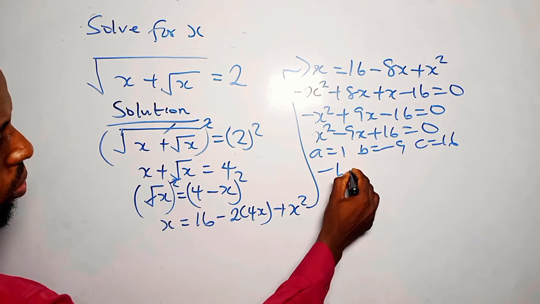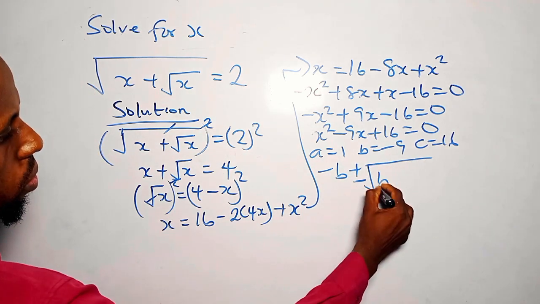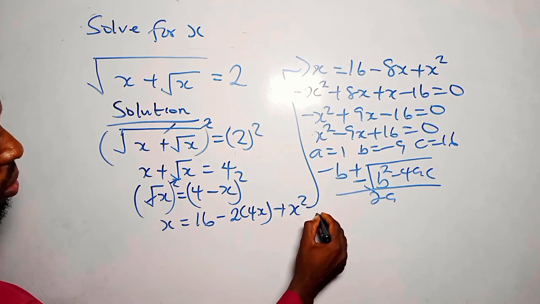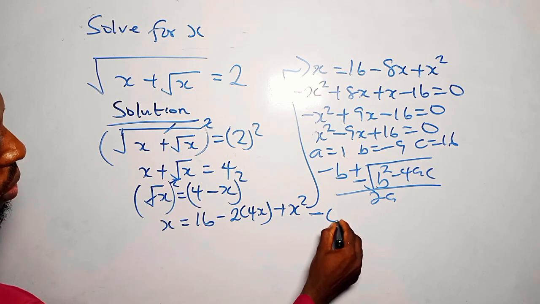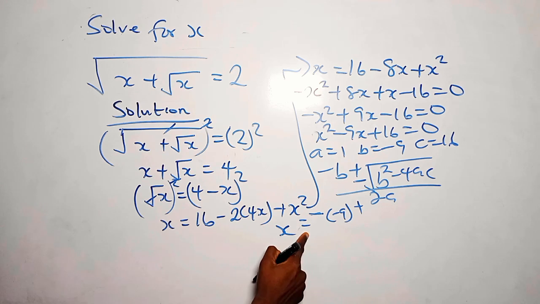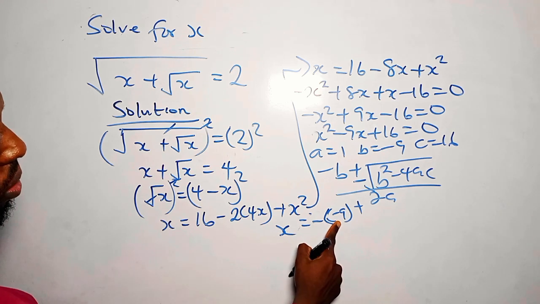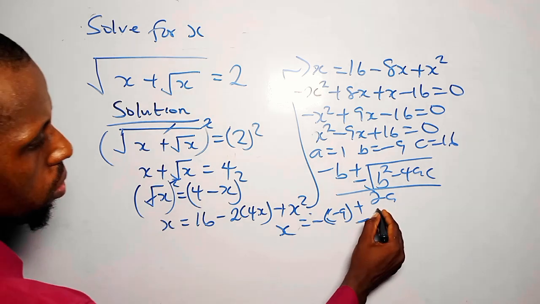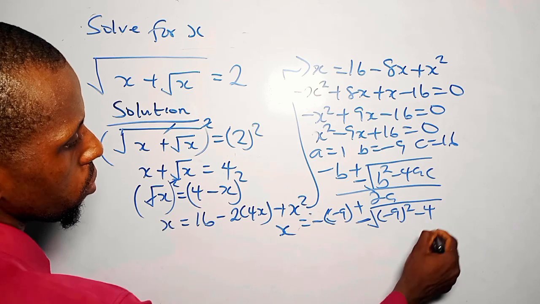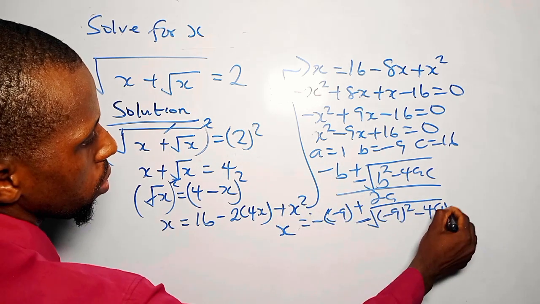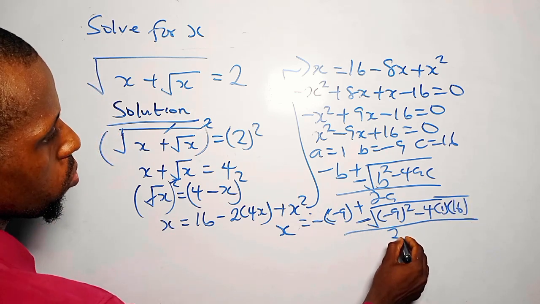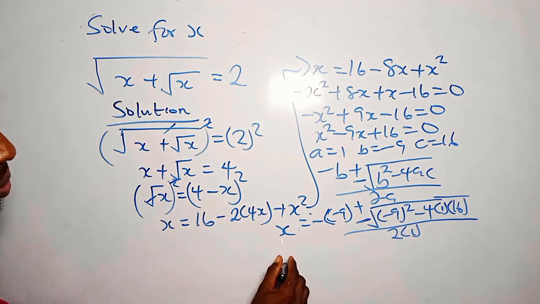When we apply the quadratic formula, x equals minus b, which is minus minus 9, plus or minus the square root of b squared, minus 9 squared, minus 4 times a, which is 1, times c, which is 16, divided by 2 times 1, which is 2.